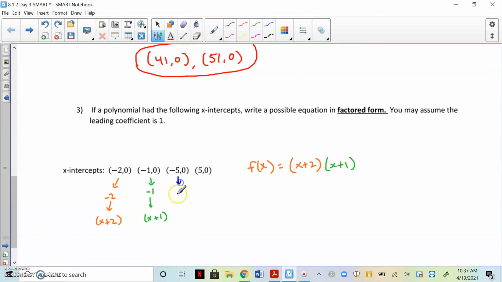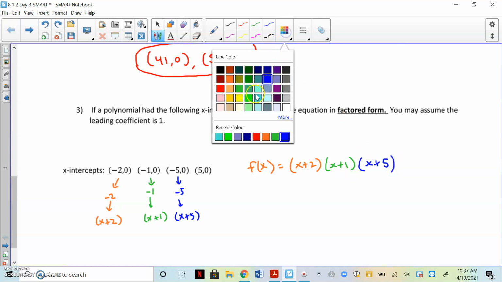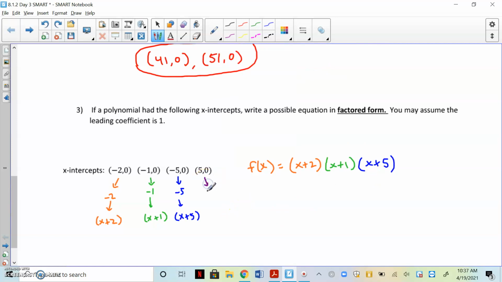This -5 will give us a root of -5, which means a factor of x plus 5. And we have one more here. This +5 will give us a root of +5, which gives us a factor of x minus 5.